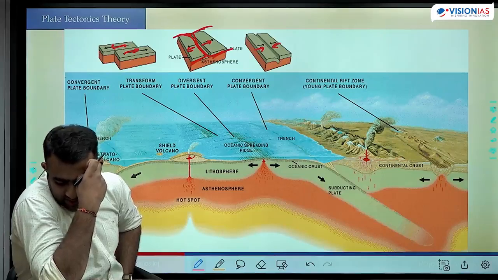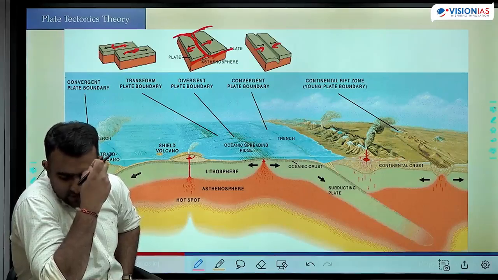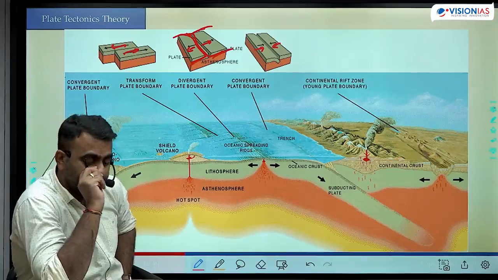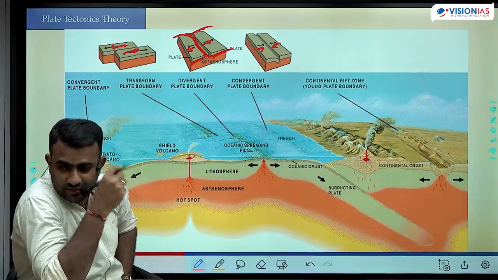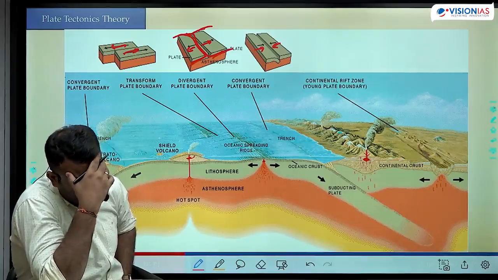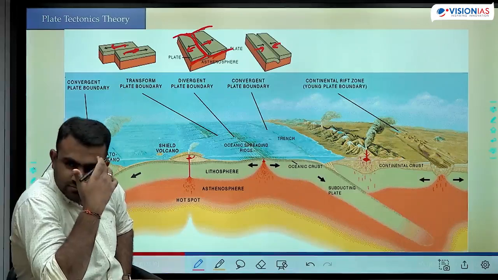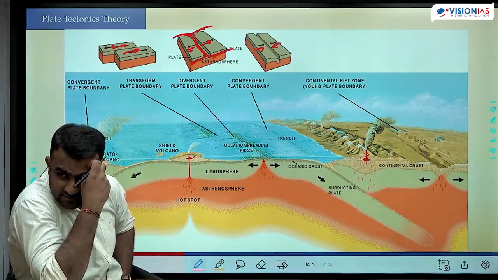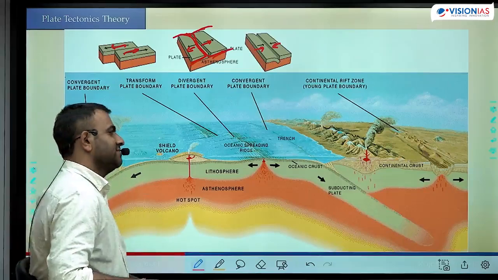So within that, again, depending upon the margin, let's say divergence, we have ocean divergence, continent divergence. Convergence, ocean convergence, continent convergence, like this. So total how many, including all of this? Isn't it 9? 3 into 3. 6.